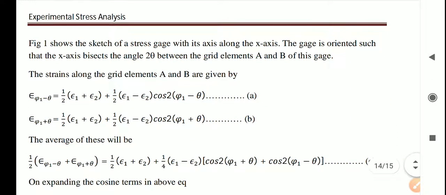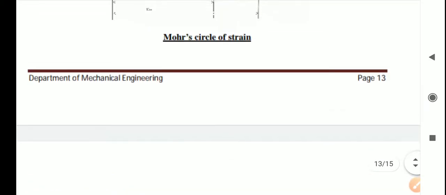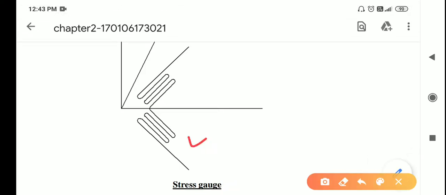The figure shows a sketch of the stress gauge with its axis along the x-axis. The gauge is oriented such that the x-axis bisects the angle 2 theta between grid elements A and B of this gauge. As I said, this is the stress gauge, where the axis passing through the center bisects the gauge arrangement.